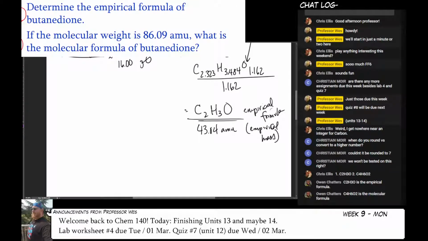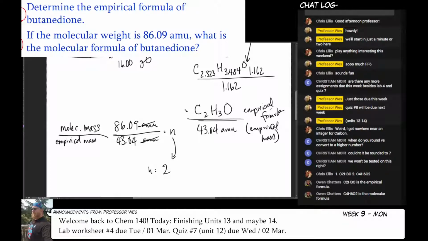So I know that my molecular mass is 86.09. So I'm going to divide it by the empirical mass that I just calculated off of Lentech.